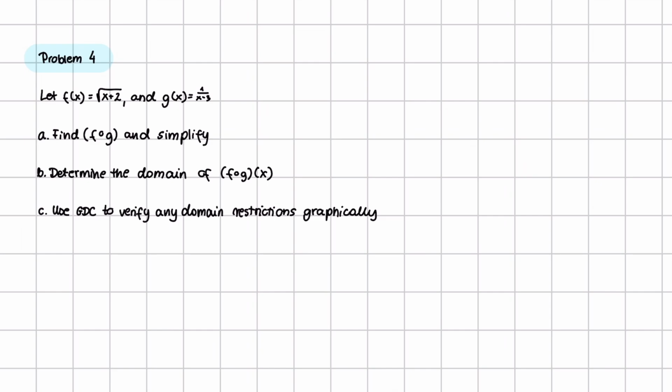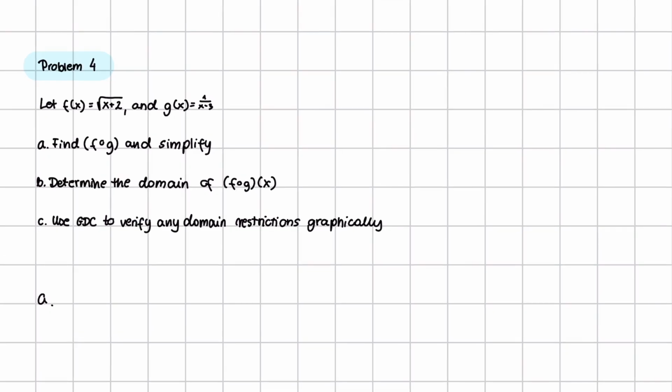Problem 4. Let f equals square root of x plus 2 and g equals 1 over x minus 3. A. Find fg and simplify. And it means that we have to somehow connect our functions. Firstly, in first place we have f, and in the second place we have g.